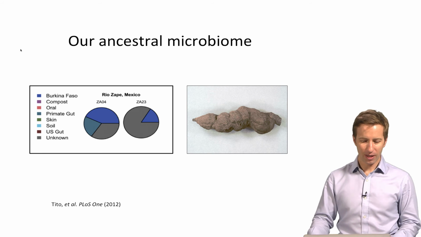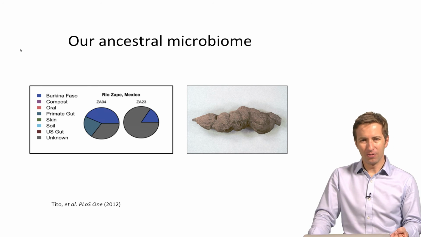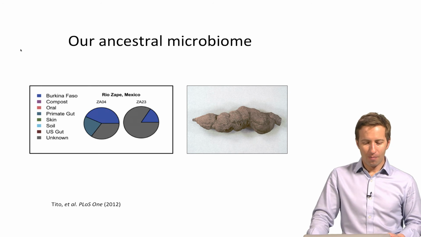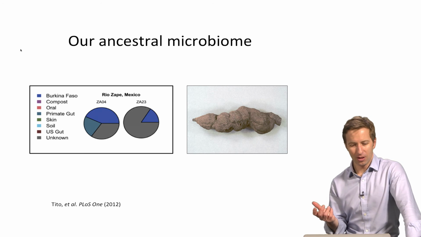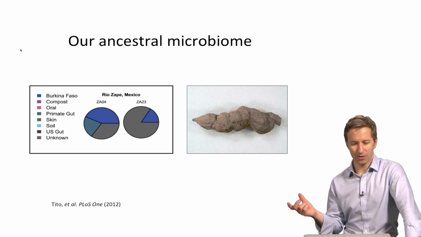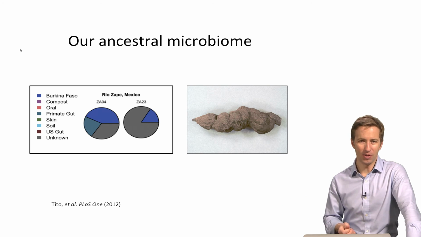And what we found was that most of them, so we had 8 samples, most of them had mostly unknown signatures in them. Not a lot of skin contamination, but 2 of the samples, these were 2 of the best preserved samples, actually had a good fraction that looked like a gut community.